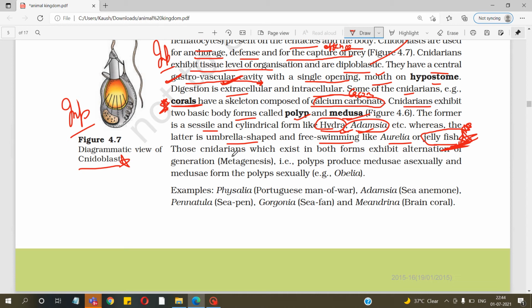Right? Let's go on, they have alternation of generation. Very very important point for NEET and boards. Metagenesis. See students, there are two forms, polyp and medusa.